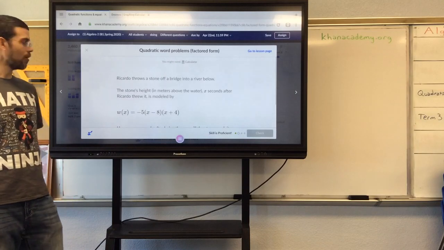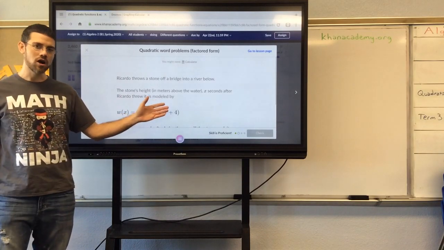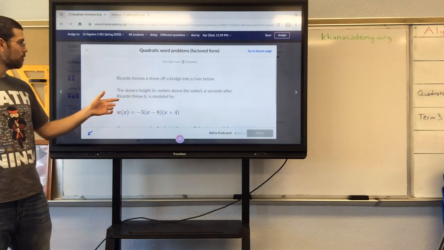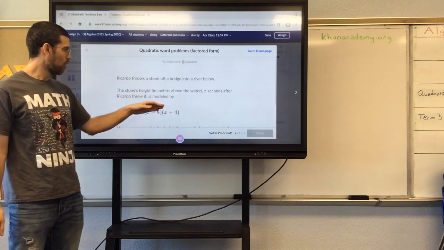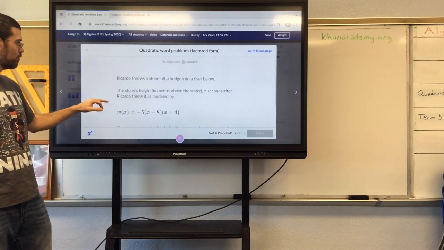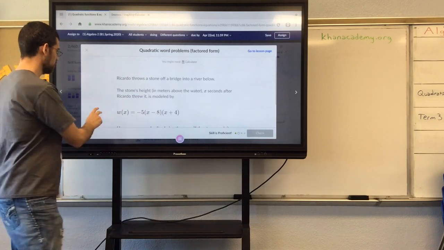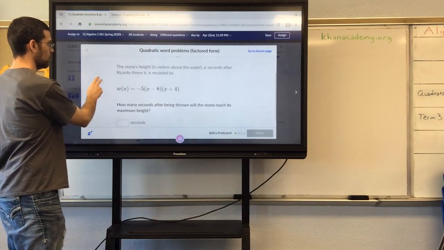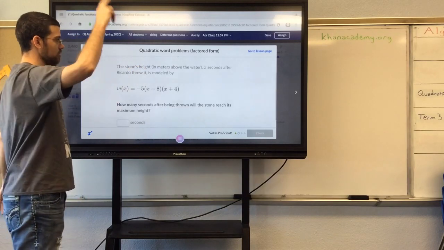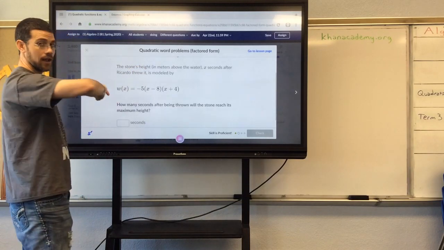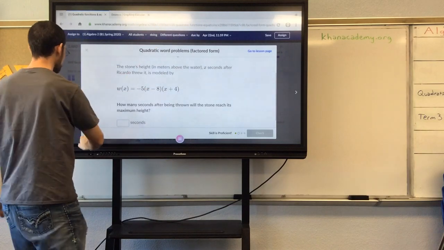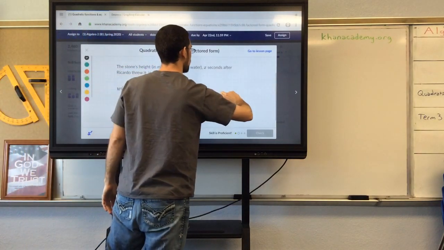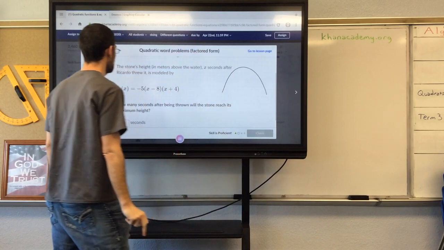Next, Ricardo throws a stone off a bridge into a river below. The stone's height in meters above the water, x seconds after Ricardo threw it, is modeled by this function. Okay? So, height in meters is our y-axis, and he's throwing it, so it goes up then it comes back down. So once again, we have a parabola like this.